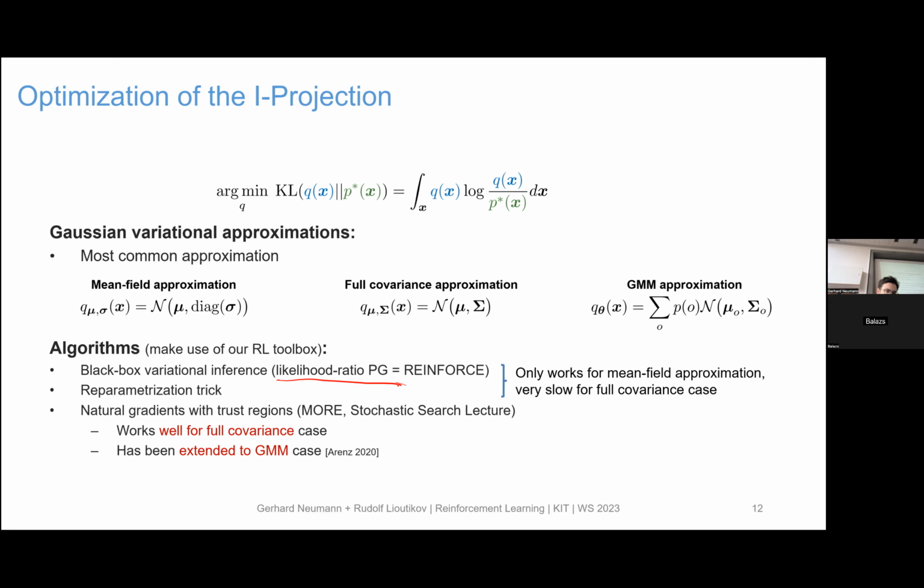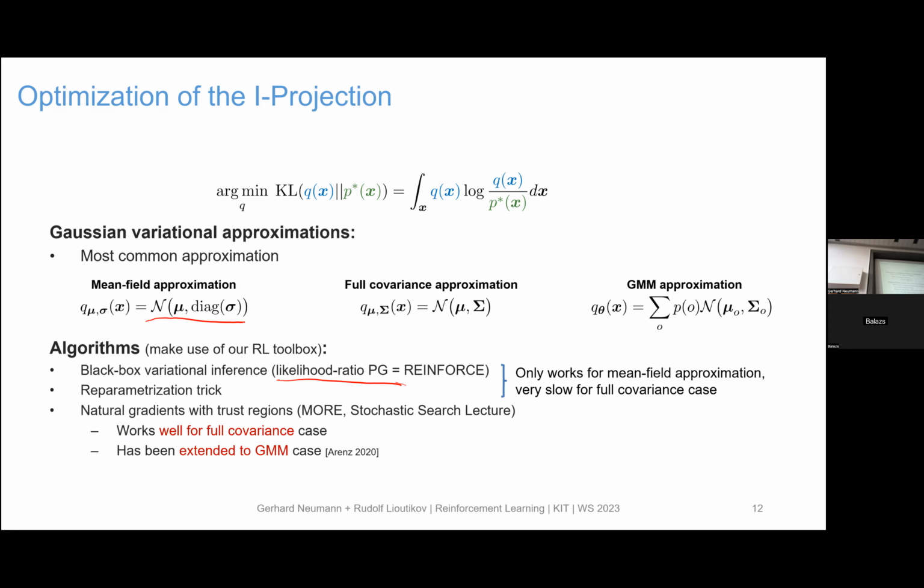And there are different algorithms that use different approximations of q. For example, you could use the so-called mean field approximation, which is a Gaussian distribution with a diagonal covariance matrix. What is usually better is the full covariance approximation, but it's harder to do because of many more parameters. And what usually works best, but is even harder, is a Gaussian mixture model approximation.